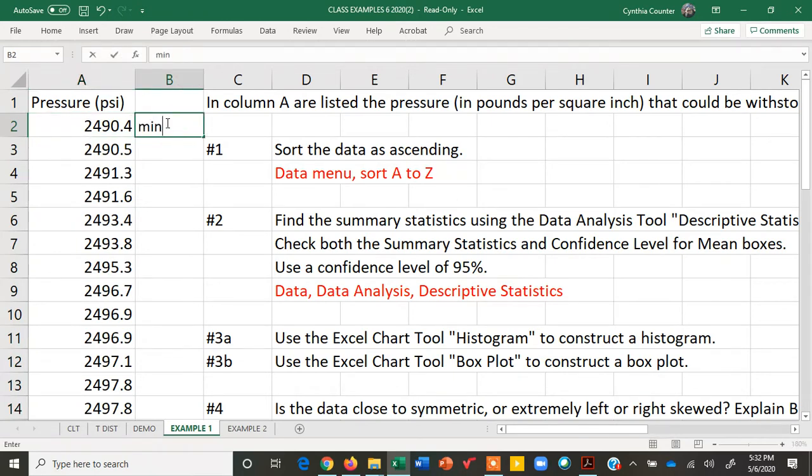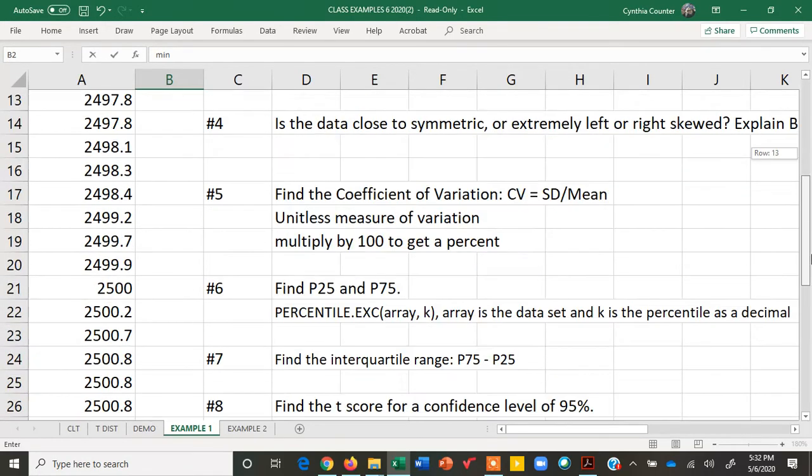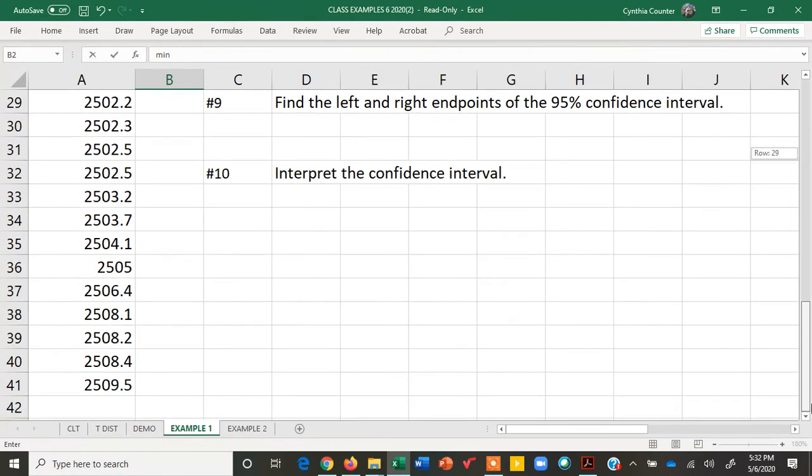So we see that our smallest value, or our minimum, is 2490.4, and the largest value, or maximum, is 2509.5. So there's our minimum and our maximum.